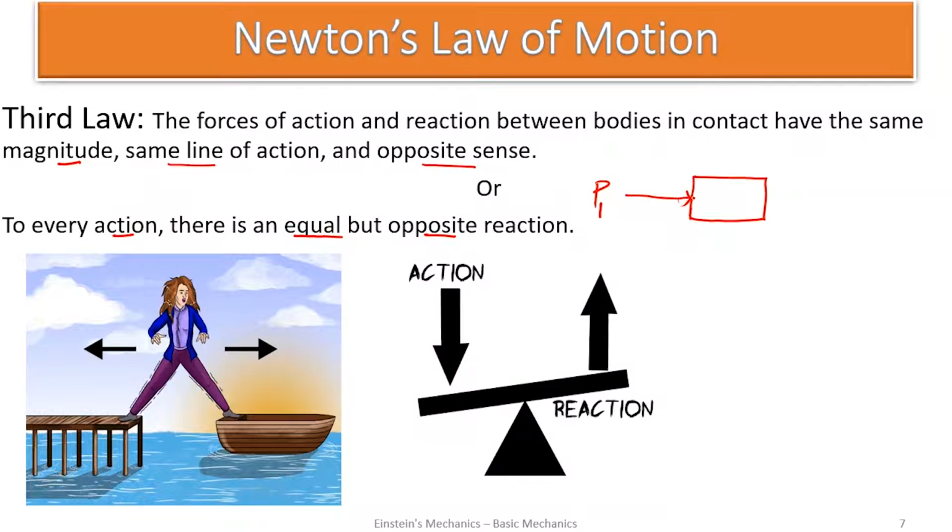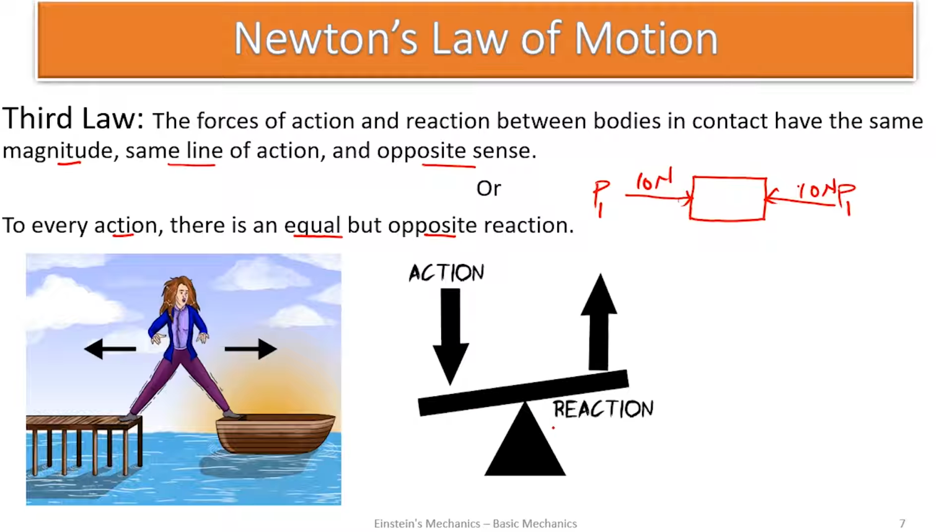So I can have a force opposing this force this way as another P1. These forces are equal in magnitude. If this is a 10 Newton force, this is a 10 Newton force, but they are in opposite directions to keep the system in equilibrium.